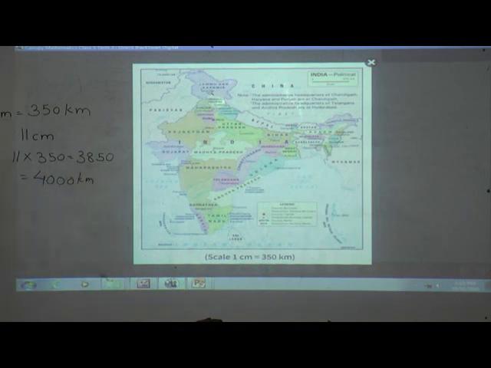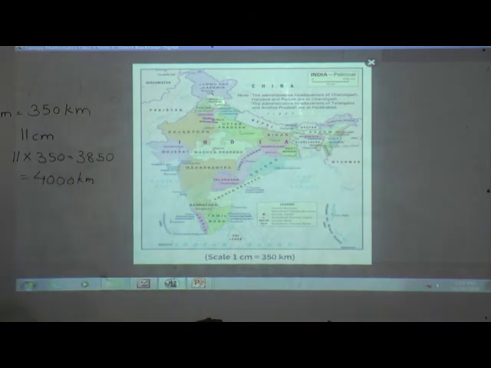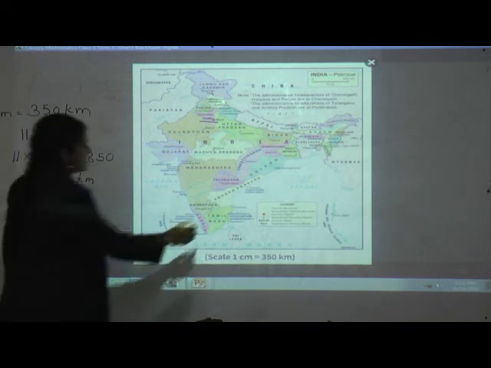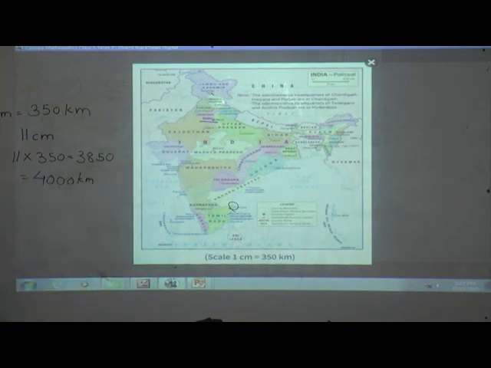Now, what is the flying distance from Delhi to Chennai? See where Delhi is on the map. Yes students, here is Delhi. And again, what have they given? Chennai. So see where Chennai is. Yes students, here is Chennai. So for the flying distance, just count with the help of a scale. Yes students, you will get 6 centimeters.